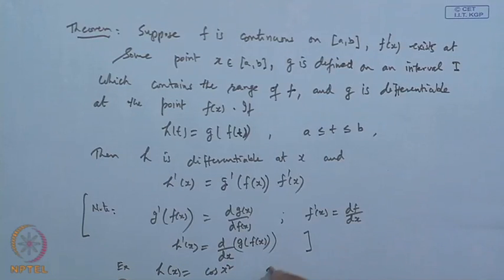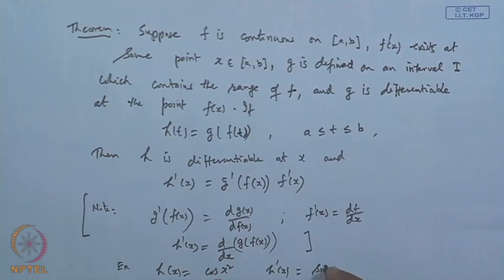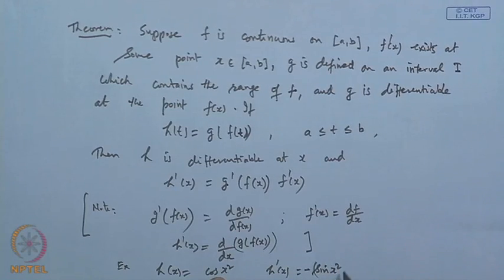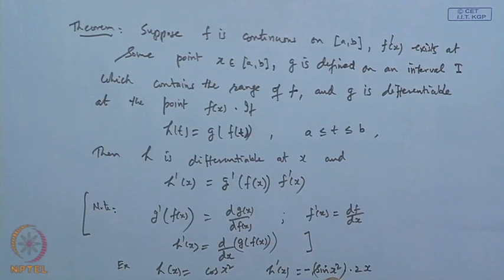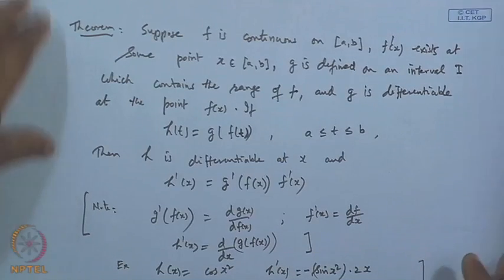So when you differentiate this h with respect to x, you treat x square as t, and cos as a function of t has derivative minus sine. So it is minus sine of x square, and then x square is differentiated with respect to x, which gives 2x. So, that is the composition.